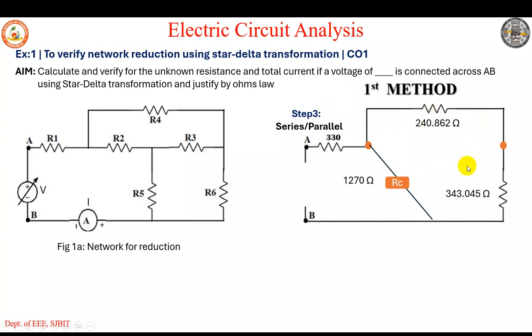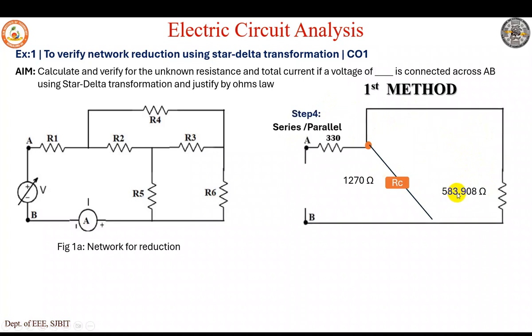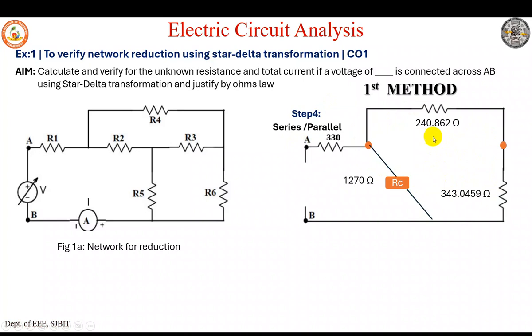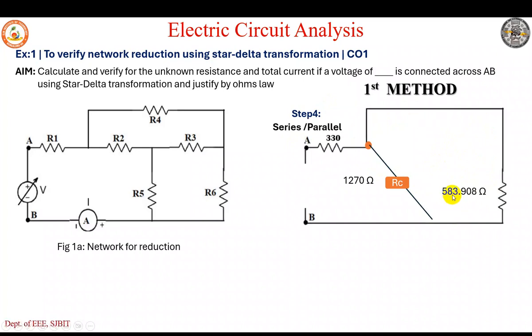Now you can see that these two are in series, right? That's step 4. The sum of these two will give us 583.908. Now what do we do? Again analyze for series and parallel, and this time these two resistances, that is RC and 583.908, appear in parallel.